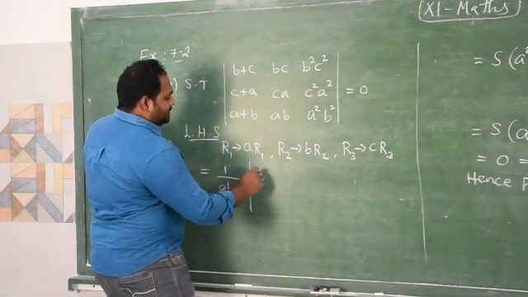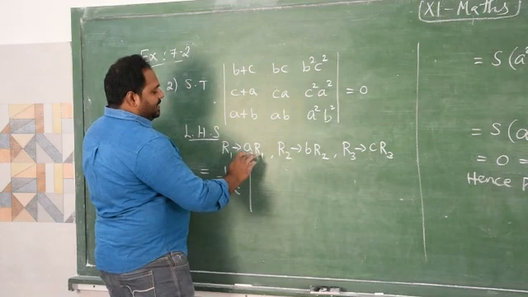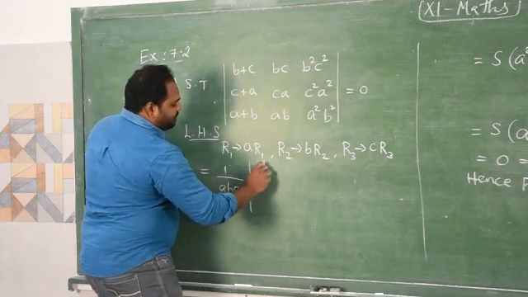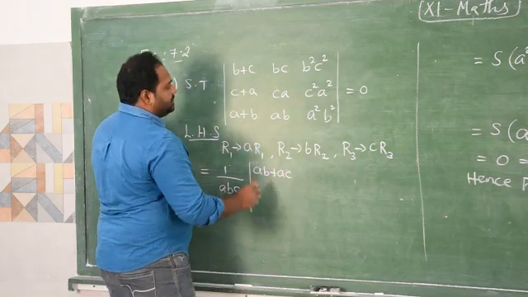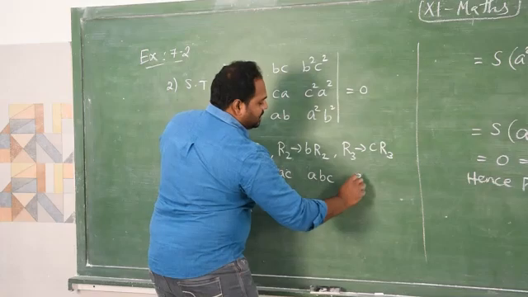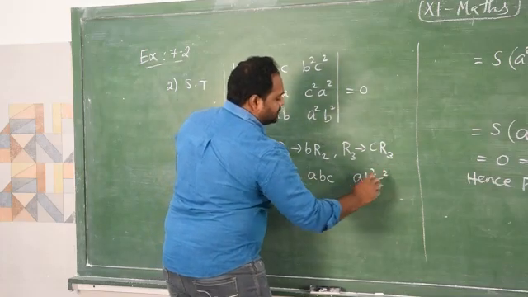So what will happen here? If you multiply A with the first row: A square, AB plus AC, ABC, A B square, C square.